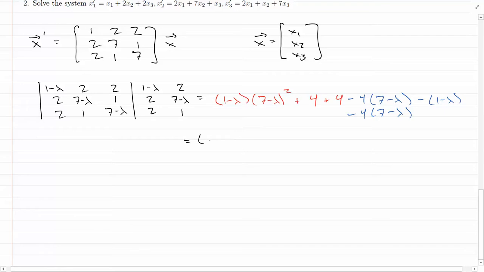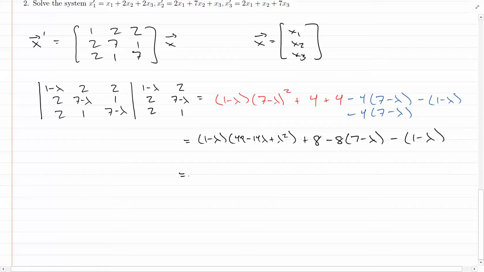So let's see, we've got 1 minus lambda. If I do 7 minus lambda squared, that would be 49 minus 14 lambda plus lambda squared. 4 plus 4 is 8. I've got minus 8, 7 minus lambda, and then again another minus 1 minus lambda.